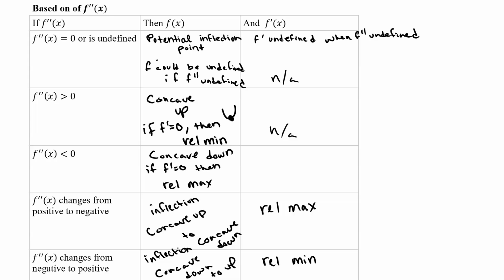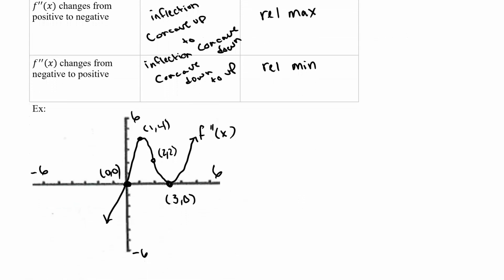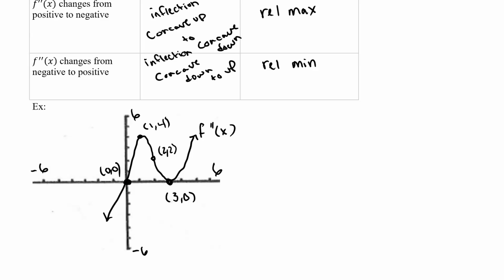All right, last graph to draw conclusions about. So we've got f prime, f double prime. So f double prime is 0 at 0 and at 3, and it's negative to the left of 0, positive to the right of 0, and positive to the right of 3.